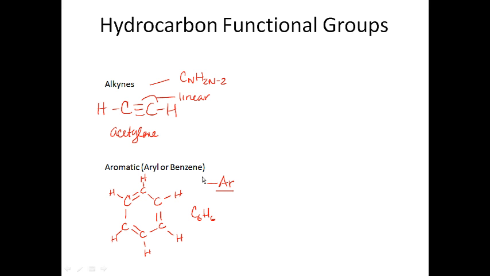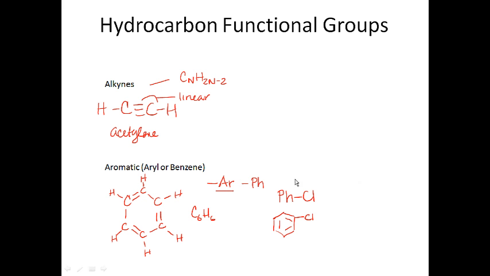Your book talks about the fact that you sometimes see Ar as a substitute for this aromatic ring. You'll also see, next semester, Ph used as a substitute for this ring. So if I wrote Ph attached to Cl, you might look at the periodic table and ask, what's this element Ph? Well, it's not an element. Instead, Ph stands for this benzene ring attached to the chlorine atom.